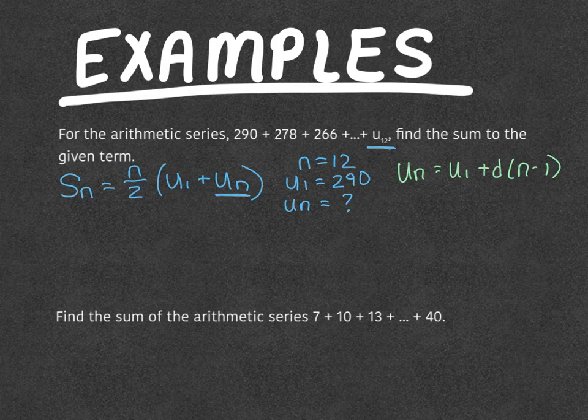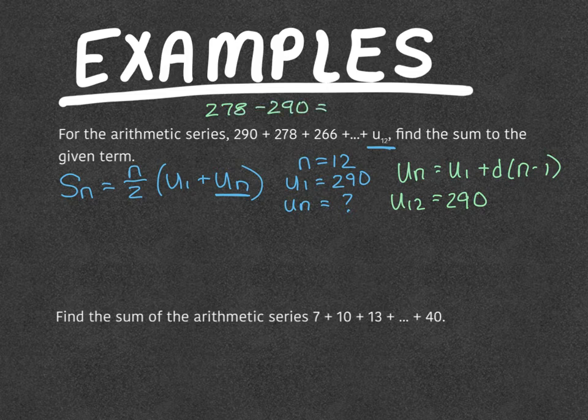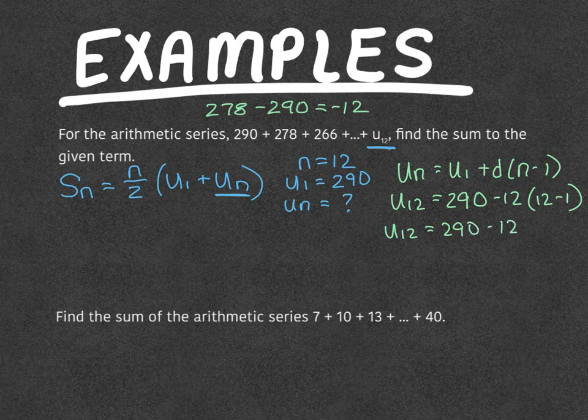So u sub 12 would be 290. And then let's find our common difference. If you remember, that would be 278 minus 290, which is negative 12. So this would be minus 12 times 12 minus 1. So u sub 12 is 290 minus 12 times 11.